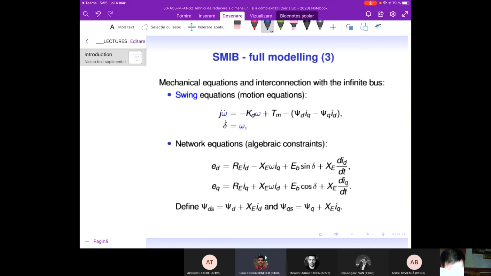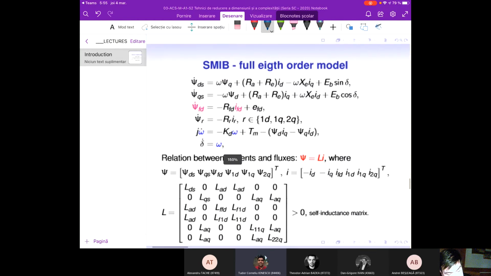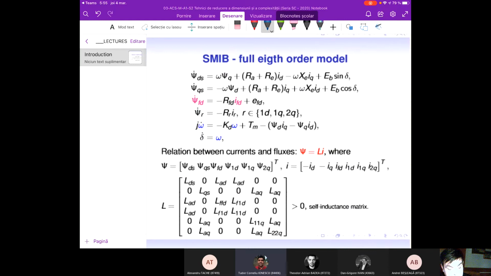Furthermore, like I said, this machine is connected to the rest of the world, to the bus grid. So we have network equations, which are a couple of algebraic constraints. We can manipulate these equations to get finally the eighth order model, which is this.